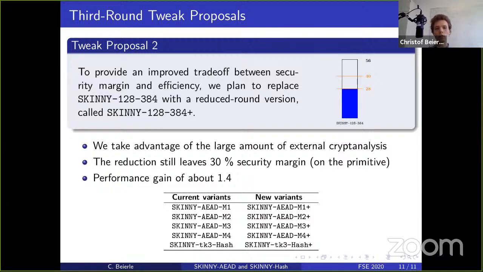And even with this reduction, we still get a 30% security margin on the primitive. So in the worst case, only this would carry over to the mode. By this, we get a performance gain of about 1.4. These new variants are denoted by a plus sign at the end. And this concludes my talk. Thank you very much.